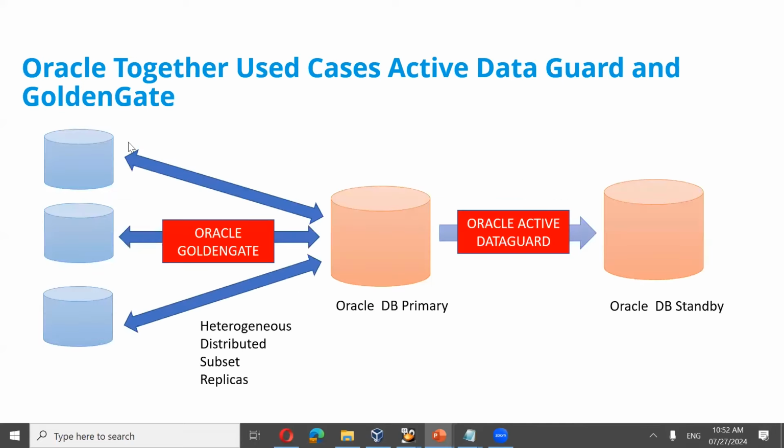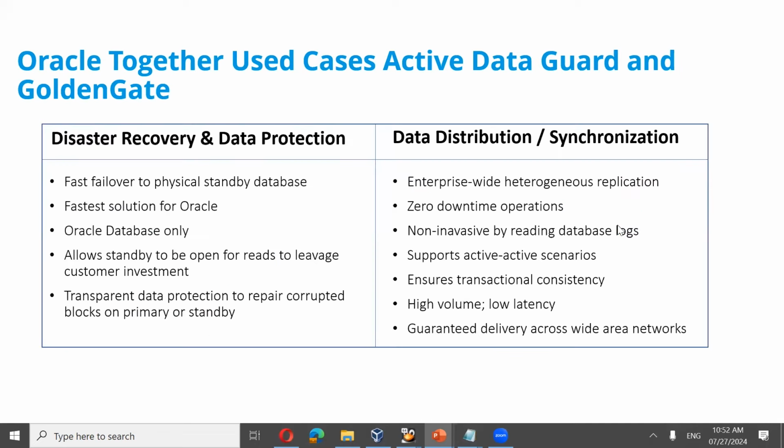Like you have got heterogeneous databases replicating data to a single Oracle database using GoldenGate, and then using DataGuard, you are creating the copy of it. It is non-invasive by reading the database log. It supports active-active scenarios, guaranteed delivery across wide area. Okay. So that is the major advantage of using Active DataGuard and Oracle GoldenGate together.